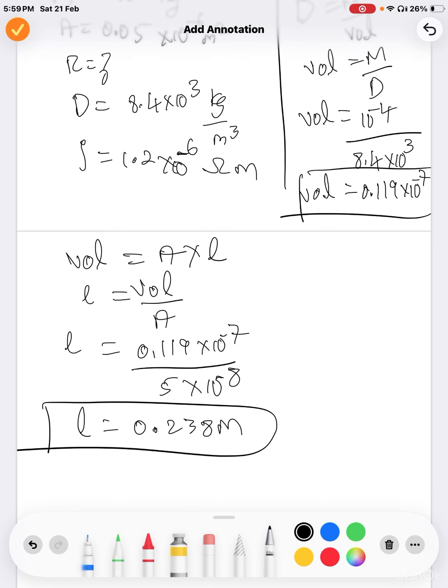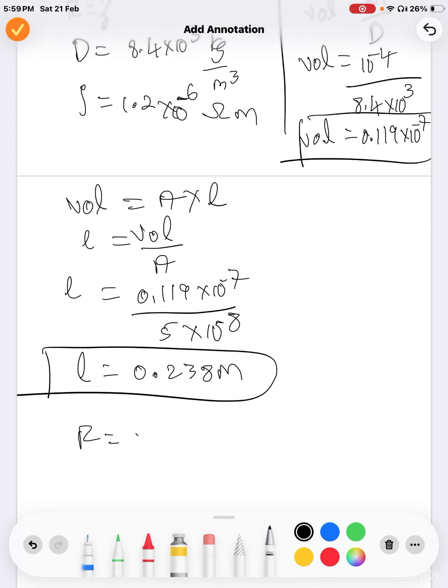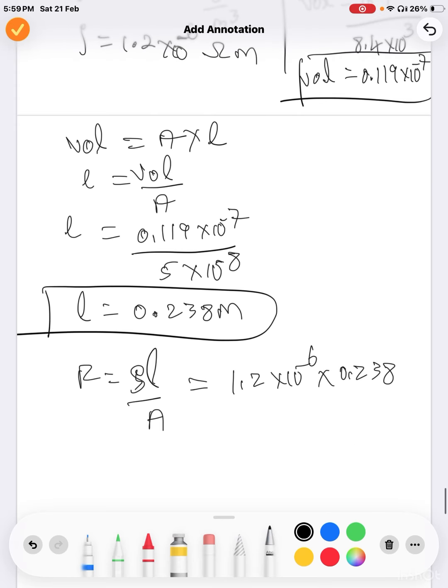So once we got the length, we can find resistance easily because R equal to rho L by A. So rho is given. What is the rho value? 1.2 times 10 to the power of minus 6. Length value 0.238 by area is 5 times 10 to the power of minus 8.